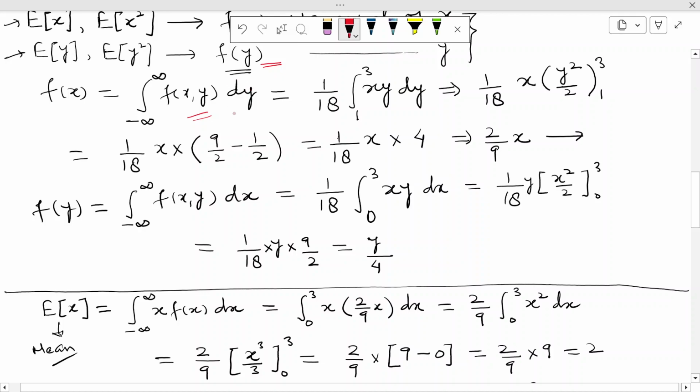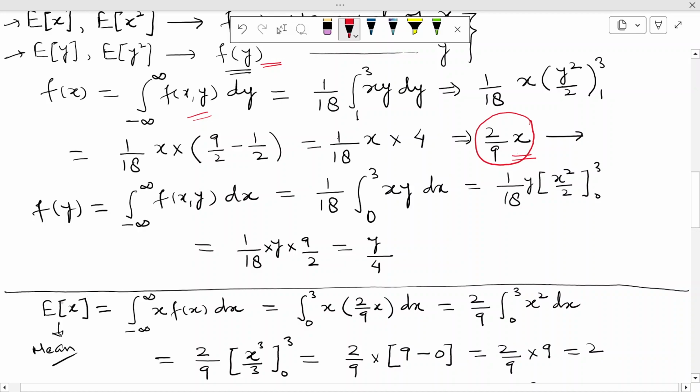Because we are integrating with respect to y, we consider the limits for y, which are 1 to 3, and our fxy is defined as xy over 18. So that is why we have this xy, and since 1 by 18 is constant, we take this outside. After performing this integral, we obtain the marginal of x as 2 by 9x.